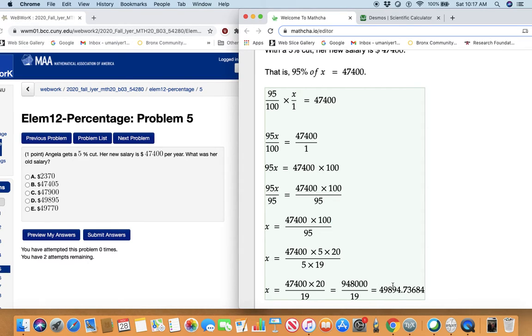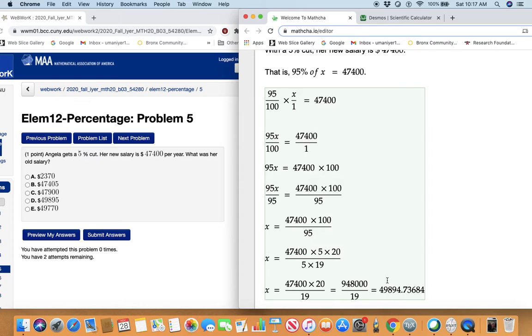I have used a calculator. You see this is multiple choice, so you cannot use a calculator in WebWork. I tried to reduce it as much as I could first. 5 goes here, 5 goes here, 5's cancel, and then I multiplied.